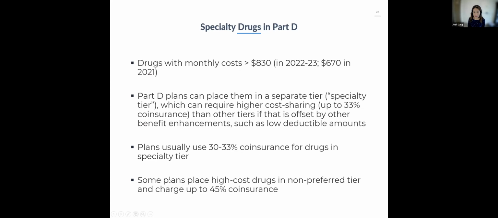So some Part D plans may not create a specialty tier. However, they create something called a non-preferred tier. I really don't want you to use drugs in this tier. And I have seen in the data that they can actually charge up to 45% co-insurance. And I think this is happening in 2021 as well.